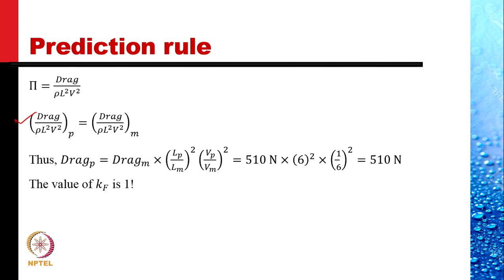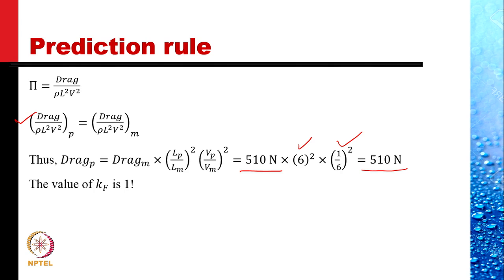The drag force for the model was 510 newtons. The scale factor of length is 6, and the scale factor of velocity we just found out is 1 by 6. So the value of the drag force on the prototype would be the same 510 Newton.